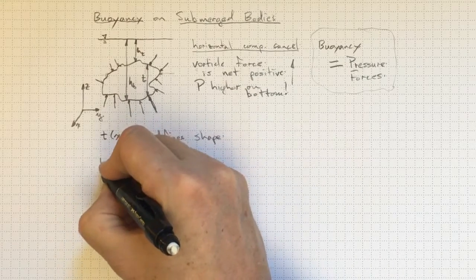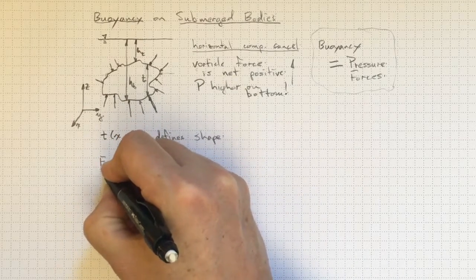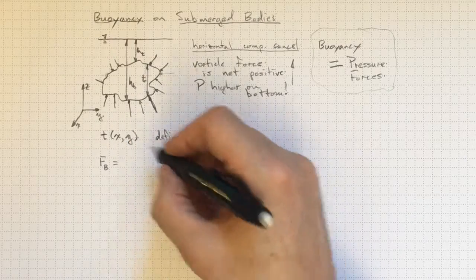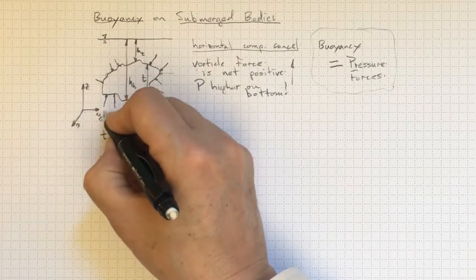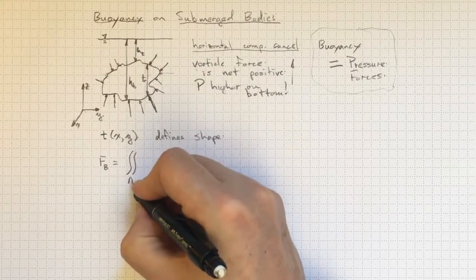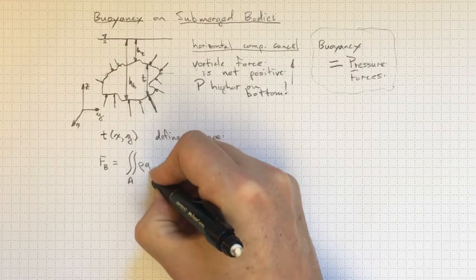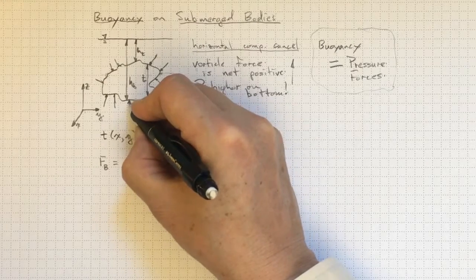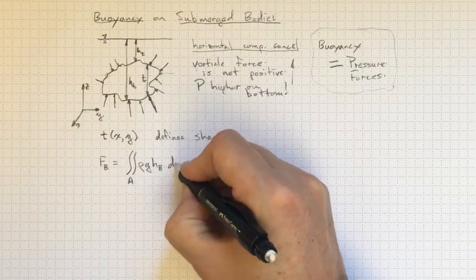And we can get our buoyancy force, which is just going to be the force resulting from the pressures, by integrating over the area, the projected area in the XY plane, on the bottom, rho g times hb, that's the pressure on the bottom here, times dA.